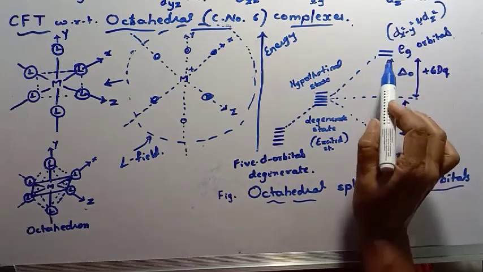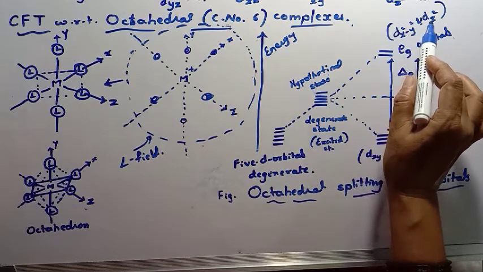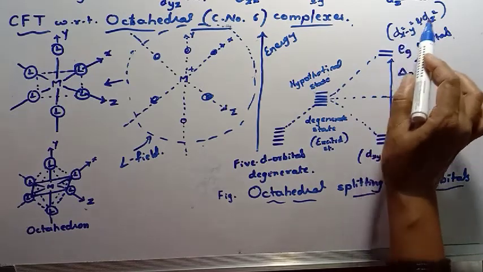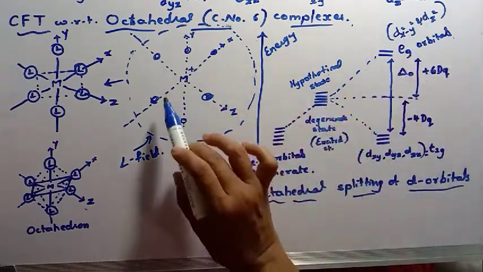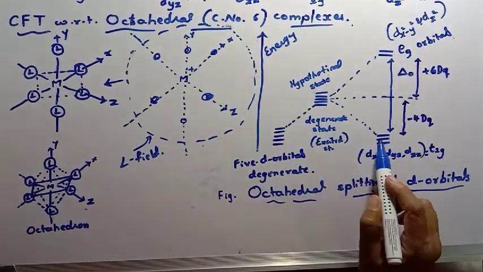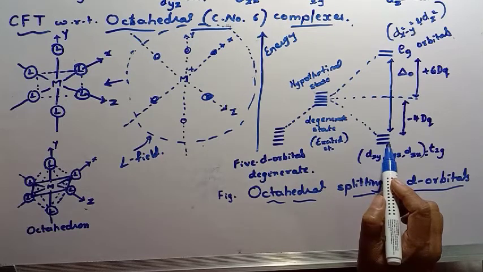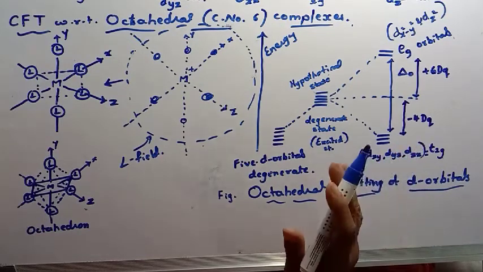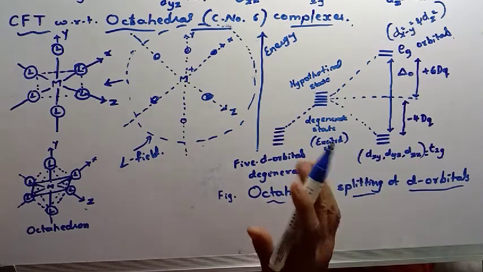These two are dx square minus y square and dz square, because their lobes lie in the path of the approaching ligands, whereas the lobes of these three orbitals lie in between the path of approach of the ligands.